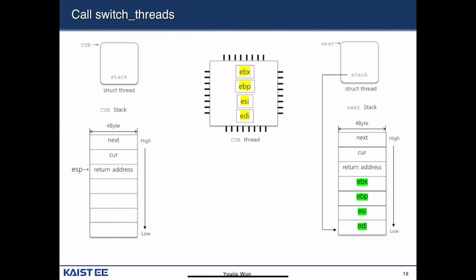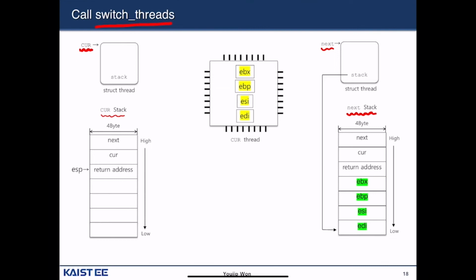This represents the current stack and the stack pointer register value right after it calls switch thread. There are 2 pointers, cur and next. They point to the thread structure of the currently running thread and the next thread to be run. And then there are 2 stacks. This is the kernel stack of the current thread, and this is the kernel stack of the next thread.